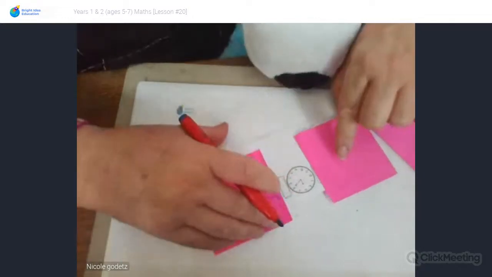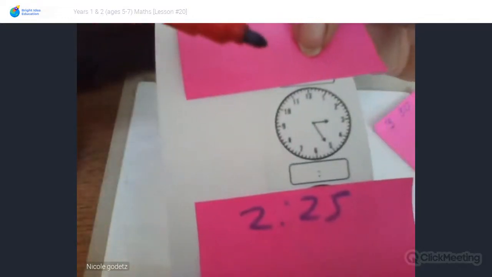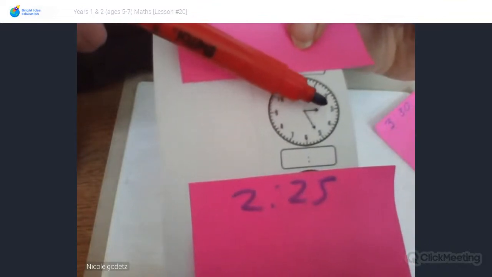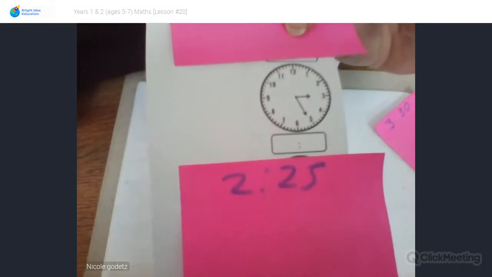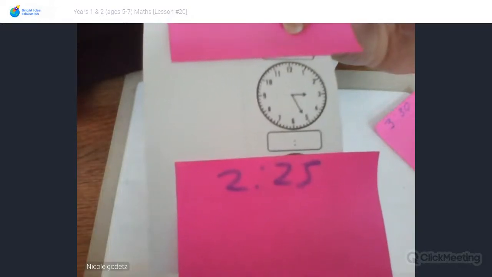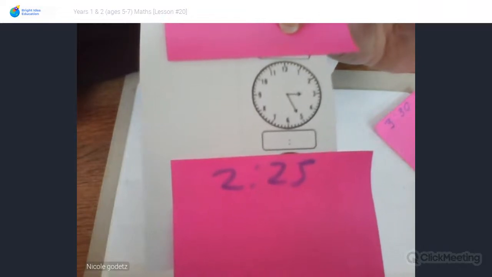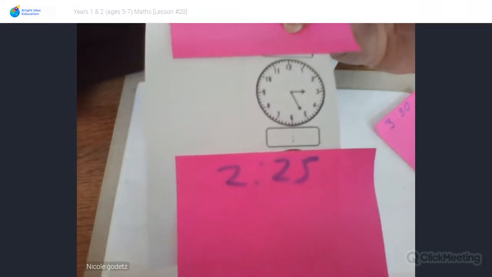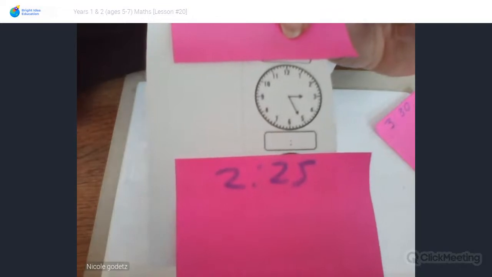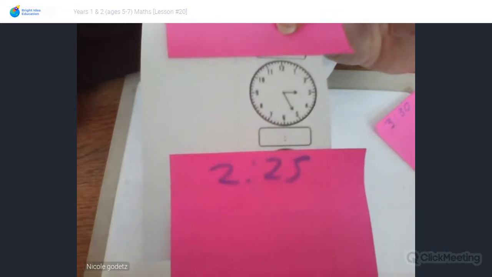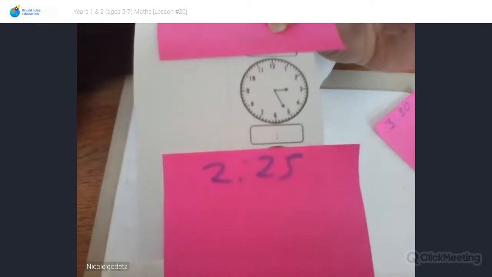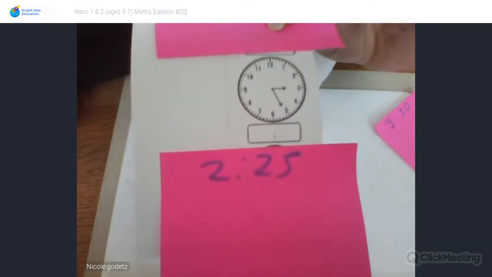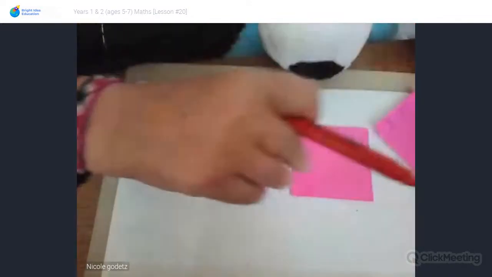If I was doing that clock I would have put the hour hand more in the middle, but even so it cannot be 3:25. It is 2 hours and then 5, 10, 15, 20, 25 minutes. So it is 2:25.